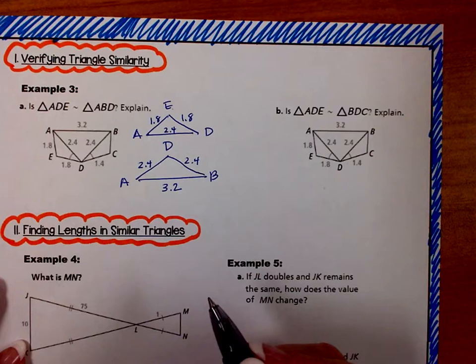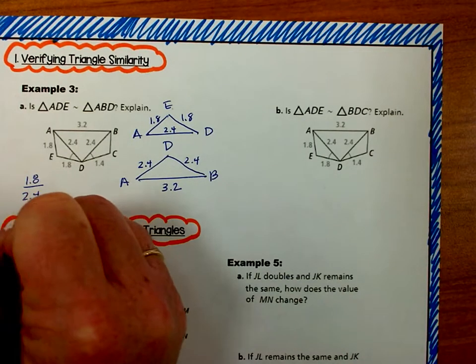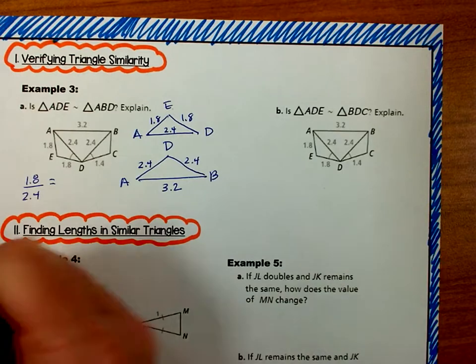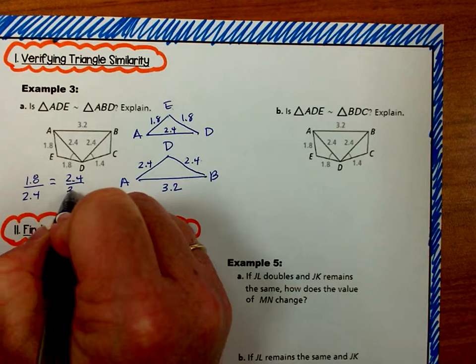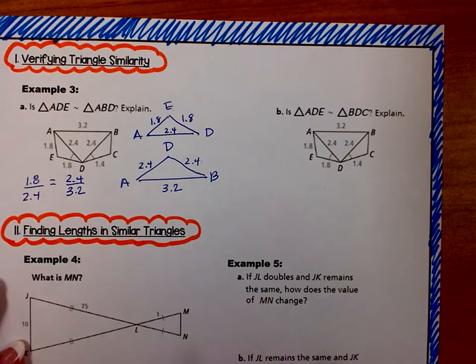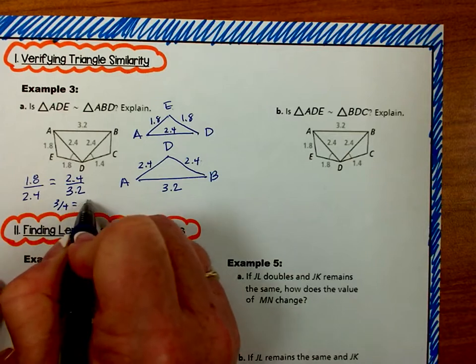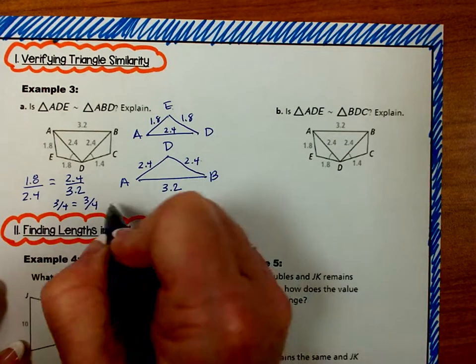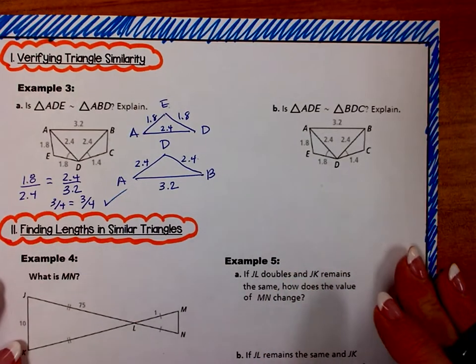So we're going to say 1.8 over 2.4 is equal to 2.4 over 3.2, and then if we reduce those we get 3/4 equals 3/4. So yes, these two triangles are similar.